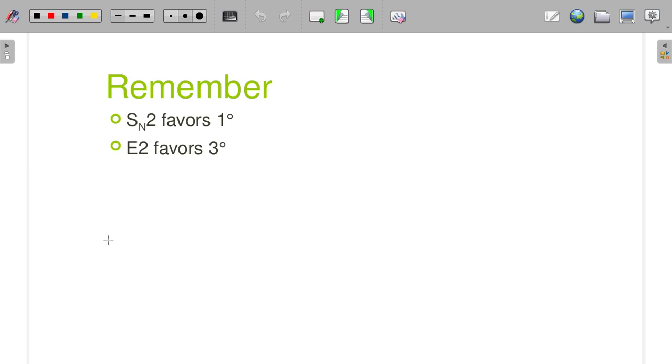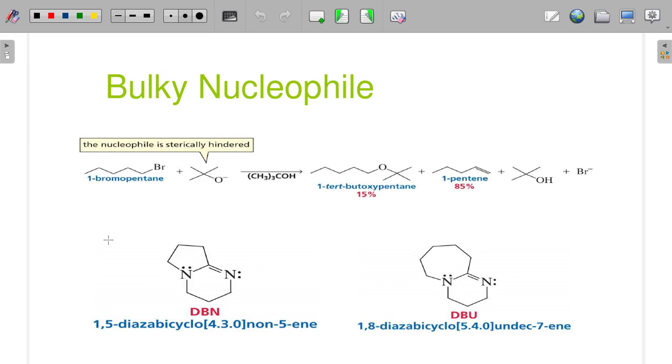All right, so our driving factor mostly in distinguishing between SN2 and E2 is the type of alkyl halide. Primary favors SN2, tertiary favors E2. Secondary, you're always going to have a little bit of competition. A bulky nucleophile will also change the rule some.